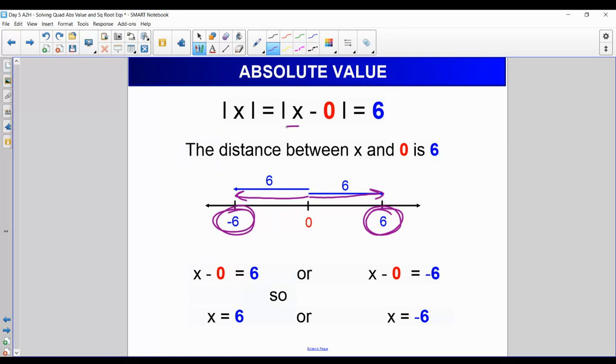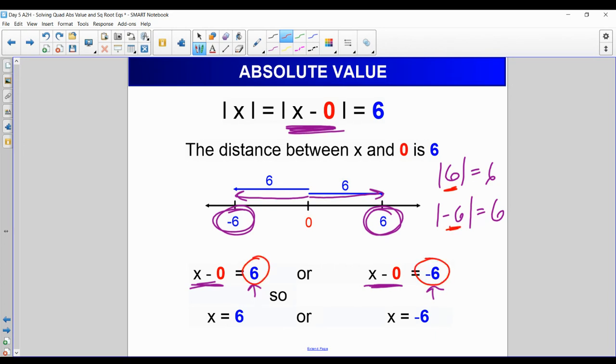What I'm doing when I solve this is taking what's inside the absolute value, setting it equal to what was on the outside, but also taking what was on the inside and setting it equal to the negative, because we said the absolute value of 6 equals 6, but the absolute value of negative 6 also equals 6. So I've got to set this equal to both the positive and the negative.